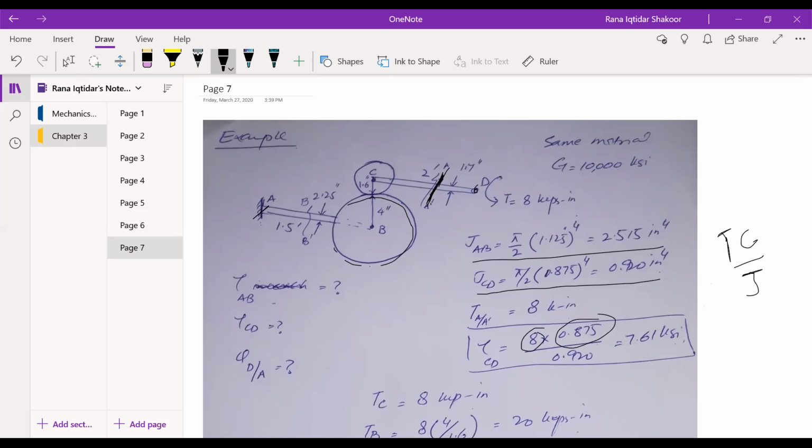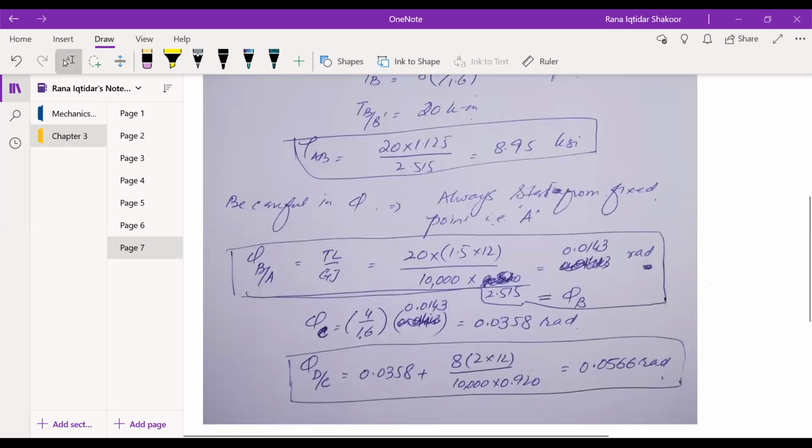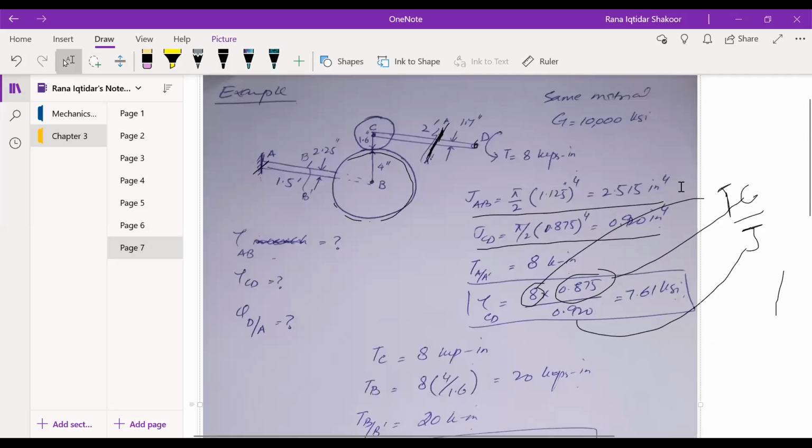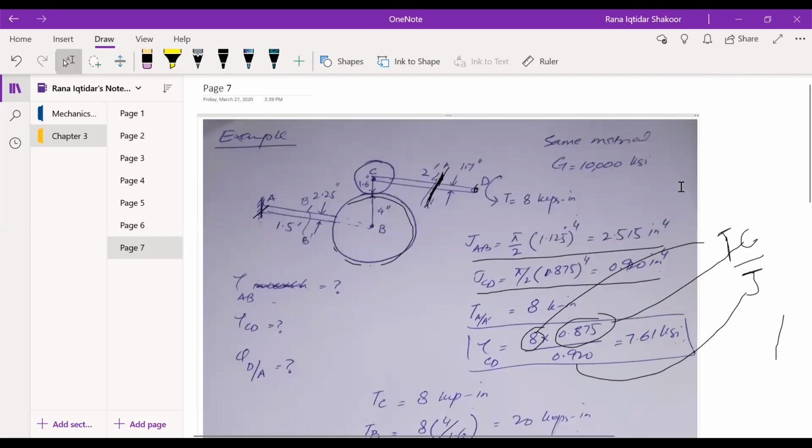So this is T, this is C, and this is J, right? And we end up with somewhere around 7.61.